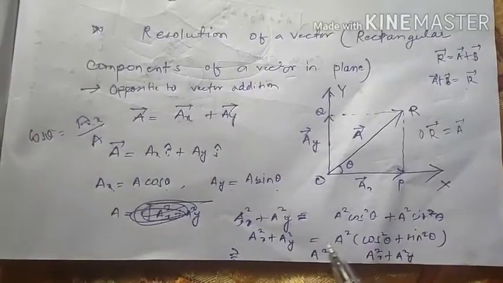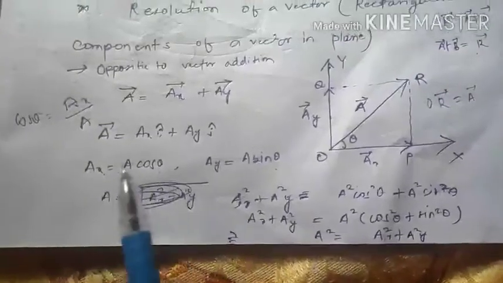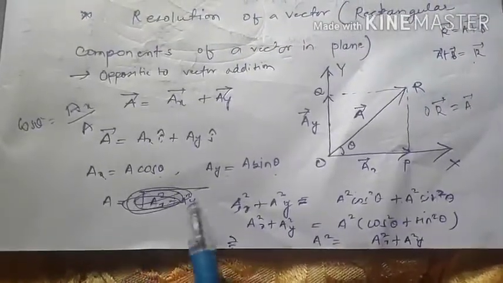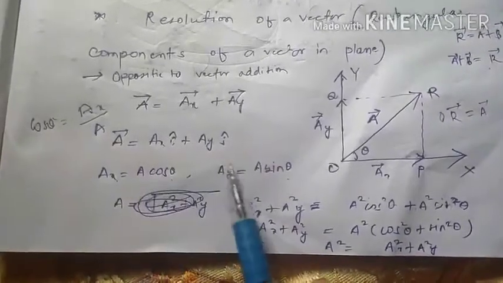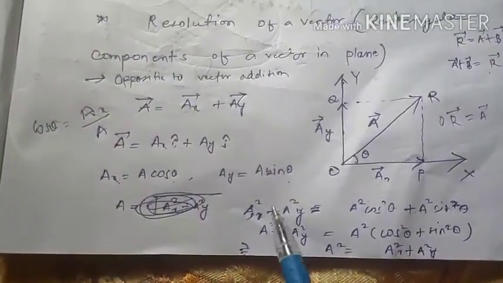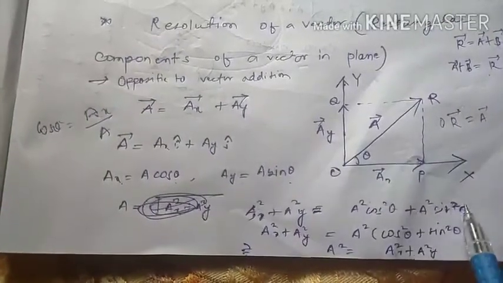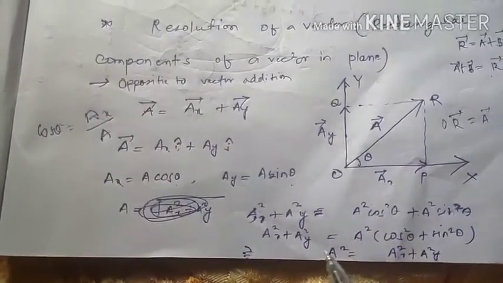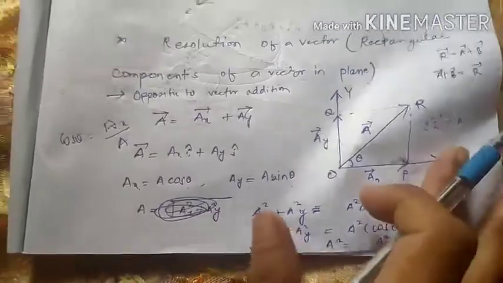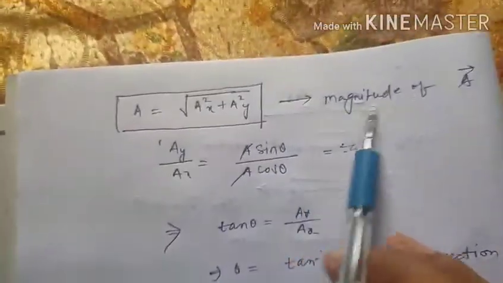Therefore a squared equals ax squared plus ay squared. From there we get a equals the square root of ax squared plus ay squared. So this is the magnitude of vector a.